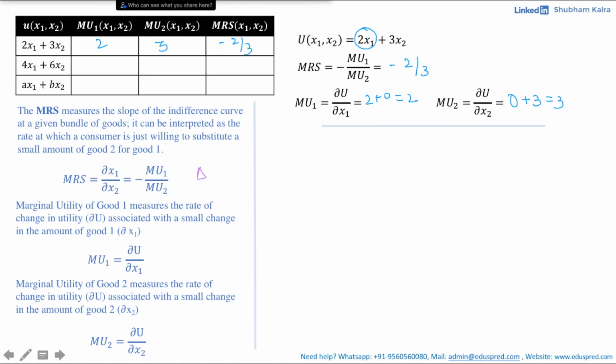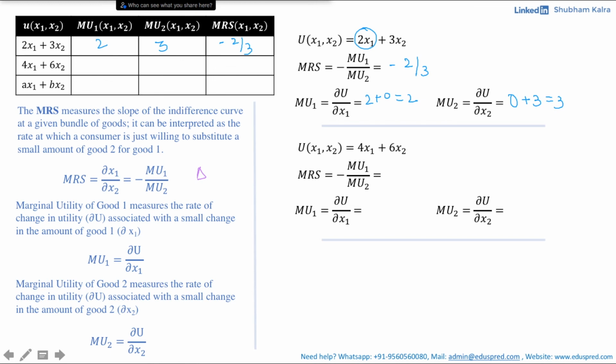Let's move on to the next utility function, which is 4x1 plus 6x2. Again, your MRS is equal to minus MU1 over MU2, and in order to calculate the MRS, let's calculate the marginal utilities first. Your MU1 is equal to the partial derivative of utility with respect to x1, and for that we would be keeping good 2 constant. Hence the marginal utility for good 1 is 4. Since these are very simple derivatives, I'm not going into much detail.